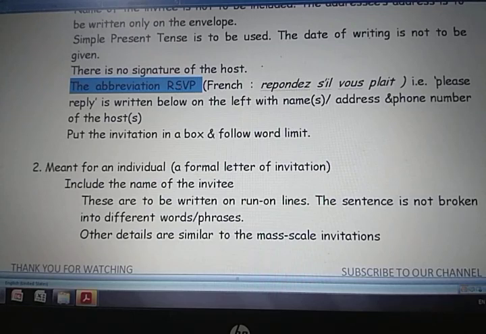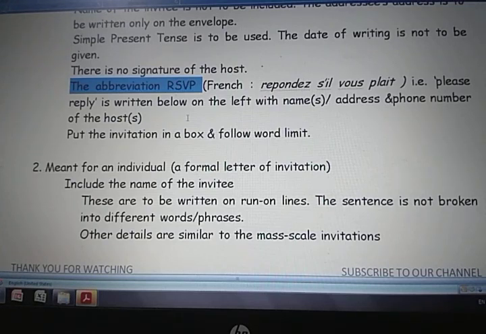What does it mean? It means please reply. Always remember, whenever we receive any invitation, it is mandatory for us to reply, yes, I received your invitation. I feel very happy and definitely I attend.